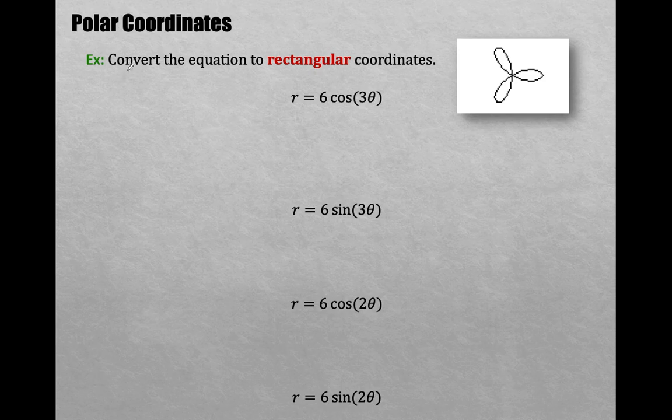Trust me, not a focus going forward. Yes, your basic graphs you need to be able to convert, your circles, your vertical lines or whatever, but not these. You're going to be working with these in polar form, and I don't ever want the rectangular form of these more complex polar graphs.